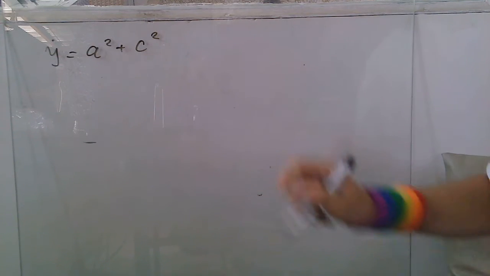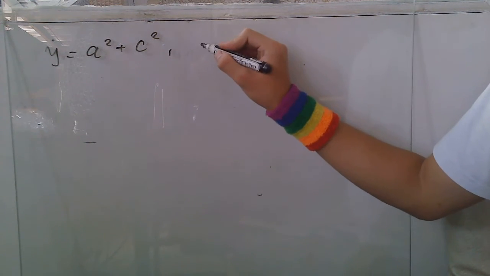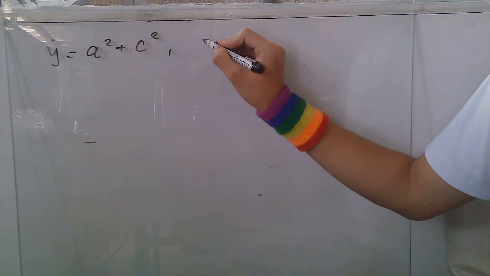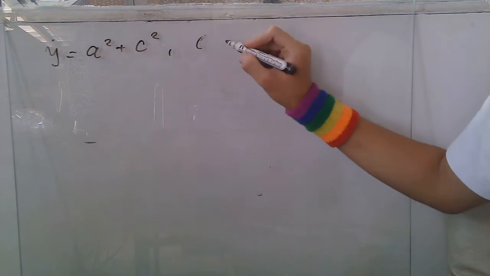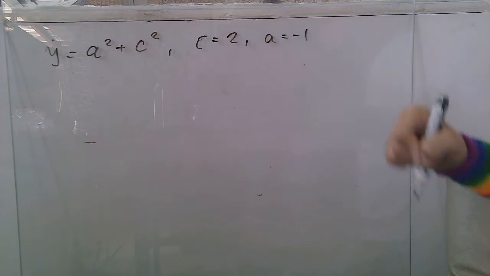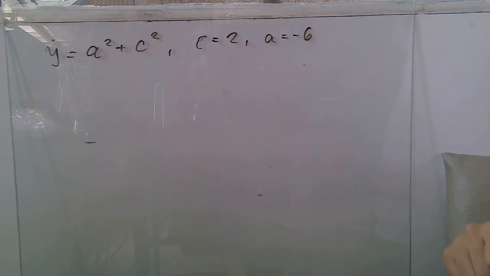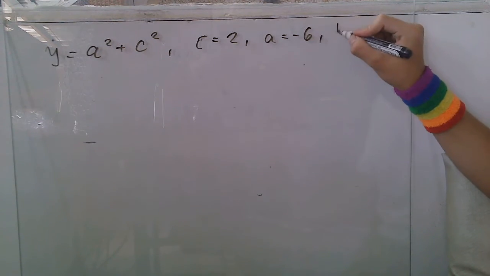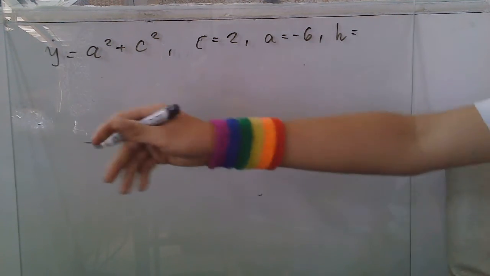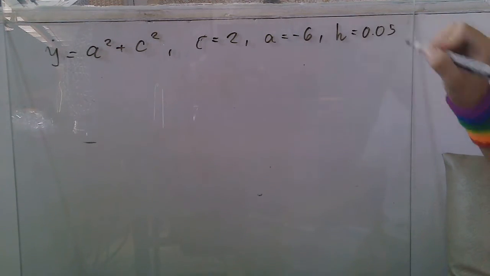And our initial values are, well, let's say at c equals 2, a is -1. It's -6. And h, or our prescribed nudge, is 0.05.